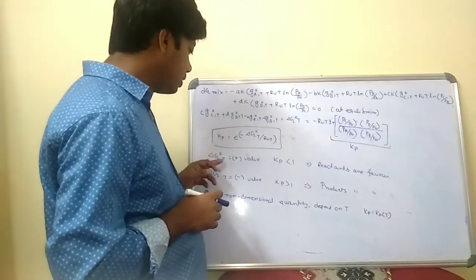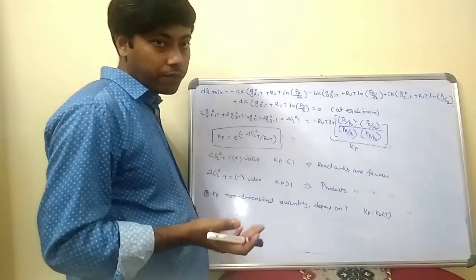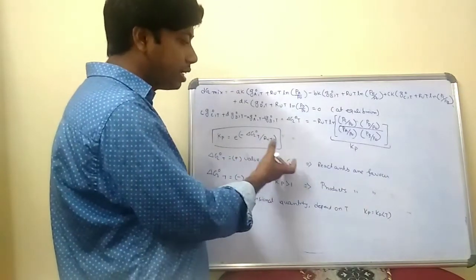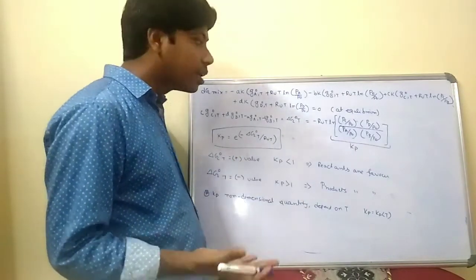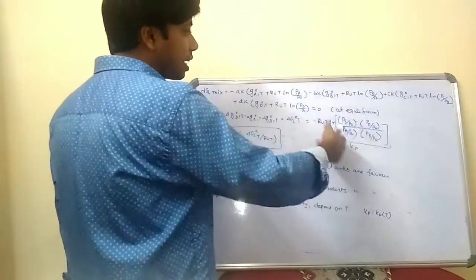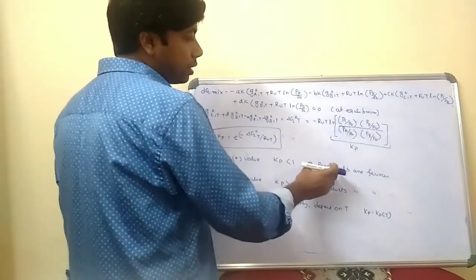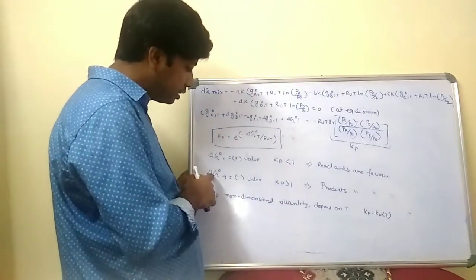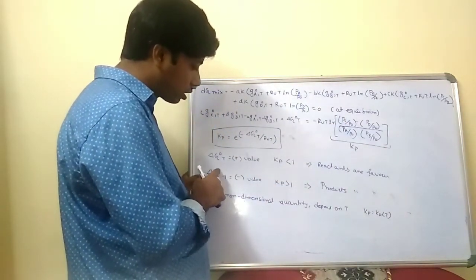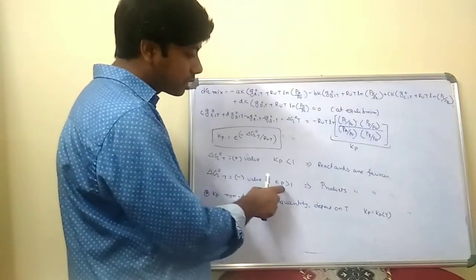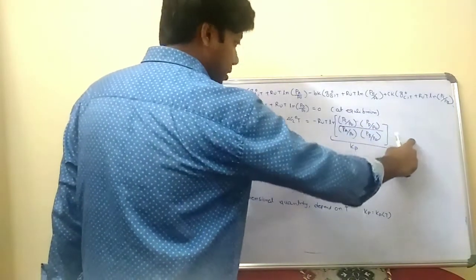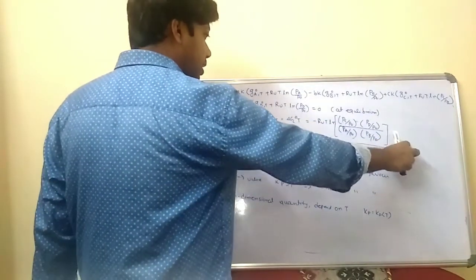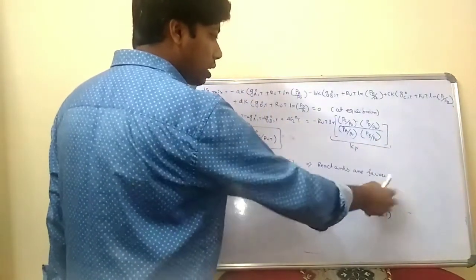If delta G naught T comes out positive, that means Kp is less than 1, which means reactants are favorable. Similarly, if delta G naught T is negative, then Kp is greater than 1, so the products are favorable.